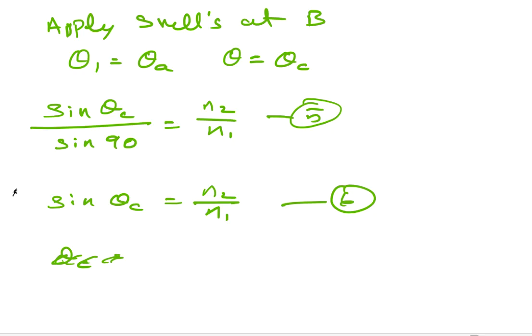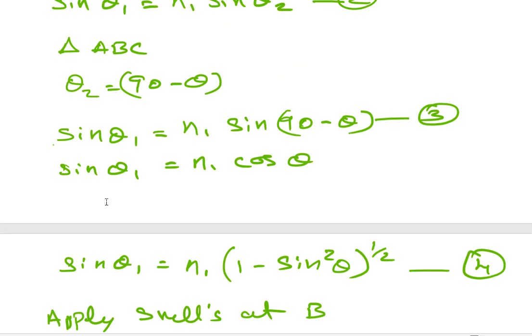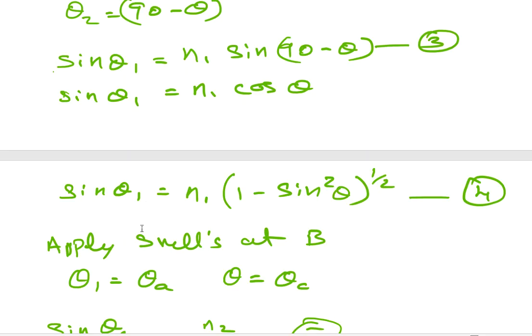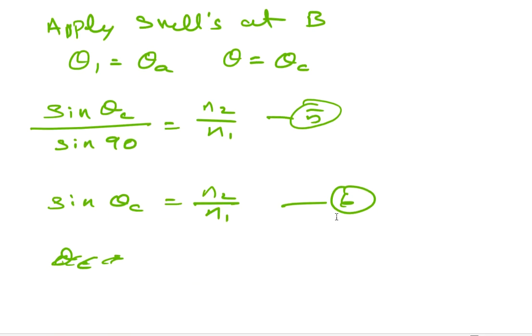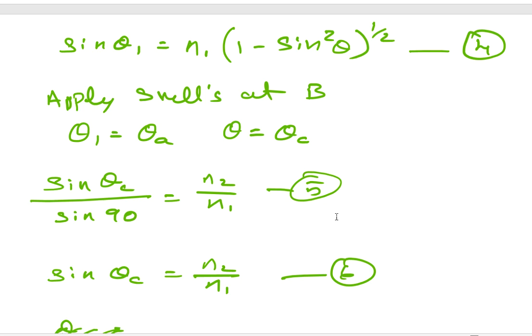Now we'll go back to our equation 4. In equation 4 we will apply the same condition. When theta 1 equal to theta a and theta equal to theta c, we can convert equation 4 like this.